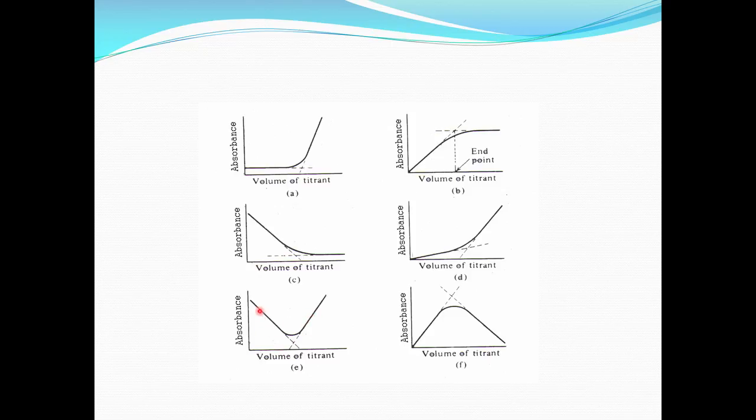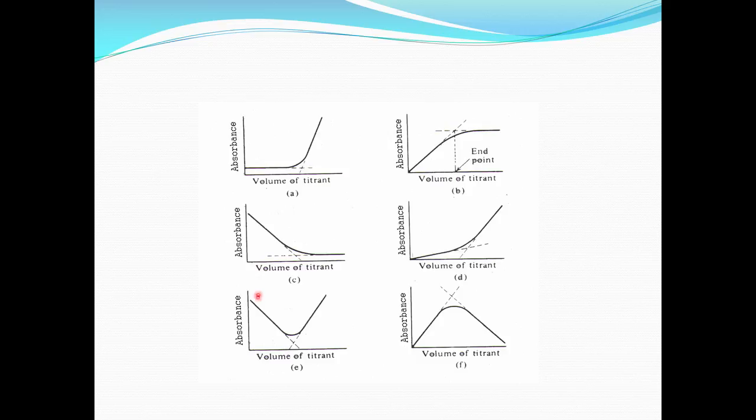So, the absorbance keeps on coming down, at some point it reaches minimum, and then you will see the formation of some other color, and if the lambda max of this part of the complex is very near to this, you need not change the wavelength. So, the same wavelength will keep on giving you increased absorbance.